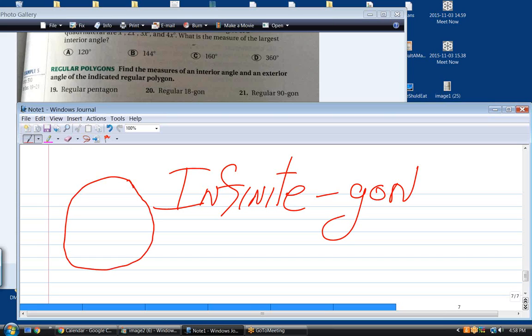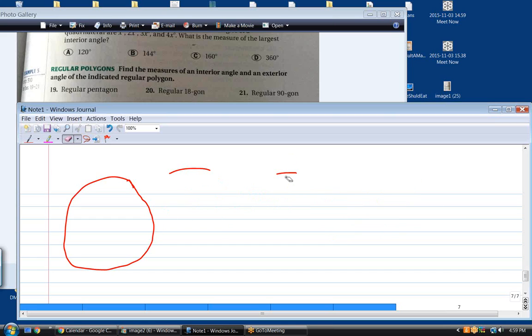Exactly. If you had a 90-gon, it would look close to a circle if you backed up far enough. If you had a 1,000-gon, it would look even closer to a circle. That's why I say an infinite-gon is a circle. That's not a true mathematical term, by the way.